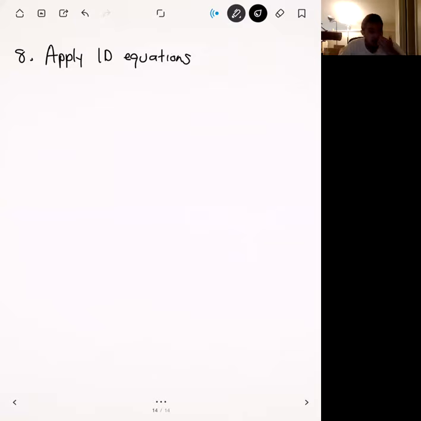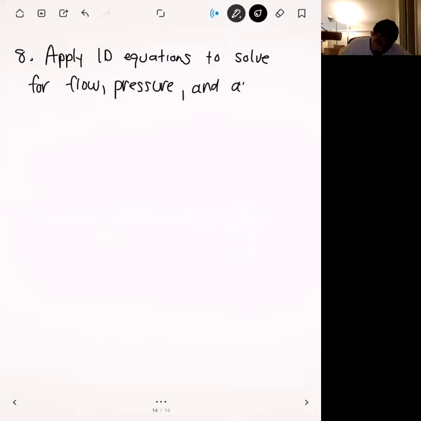The 8th learning objective is to apply the 1D equations to solve for flow, pressure, and area in a blood vessel.